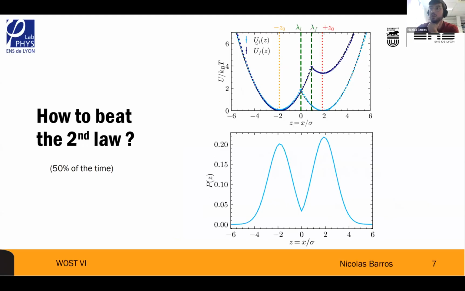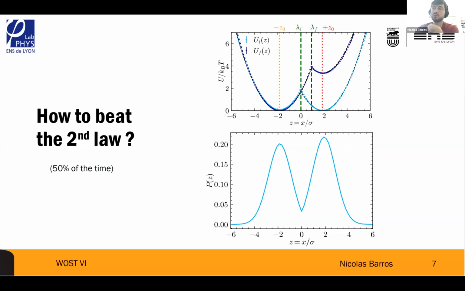And here you see the measured potential in light blue, which fits perfectly with the predicted shape of the potential that we introduced earlier in dotted black line. So if we start from this equilibrium configuration, here is what the initial probability density function of the position of the particle looks like. So we have half of the chance to be on the left side, half of the chance to be on the right side.